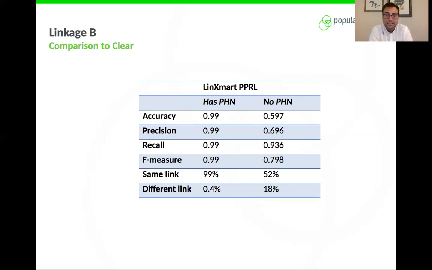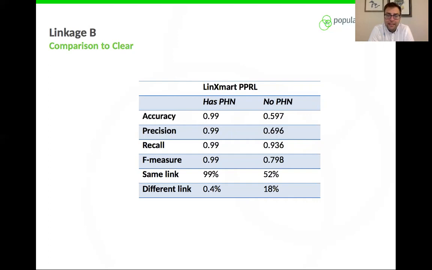So we can see here the difference between those two categories. Records with PHN, the linkage agreed almost identically between the clear text linkage and the PPRL linkage, while for records without a PHN, the PPRL linkage had a substantially lower accuracy. However, we do notice that the recall is still quite high.